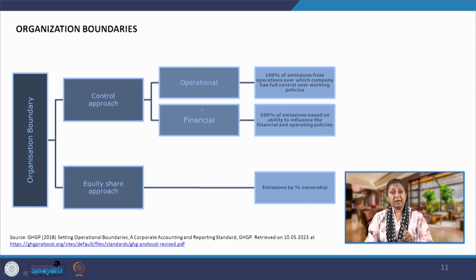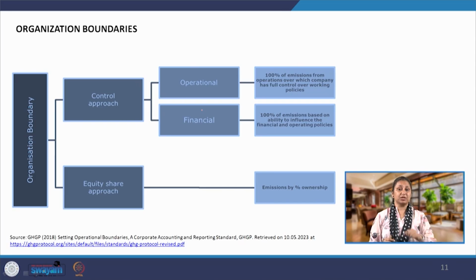Now, there could be a possibility that the operational control or the financial control of the subsidiary company or the end organization is partly controlled by the parent company. For example, if I am an automobile manufacturing company, I might be buying smaller parts from some smaller vendor. I may not have any control over this vendor as far as its operations are concerned.